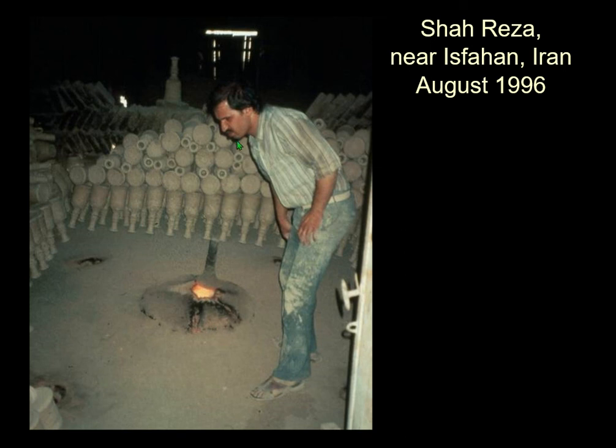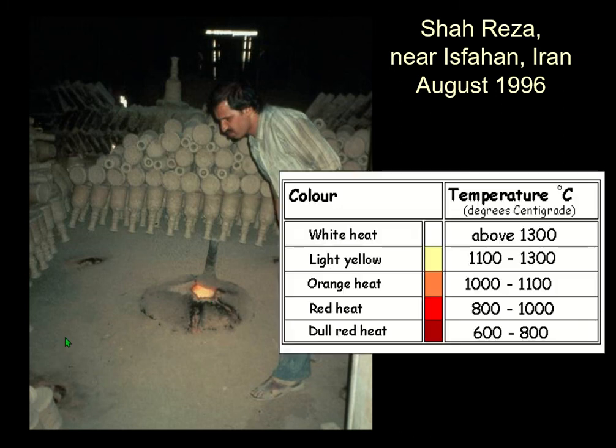So what this chap is doing, you can see, look, he's very concentrating, and you can see he's judging. He's judging how hot this is. And so you can see what sort of temperature this is by comparing it to this. So this is sort of orangey, almost yellow, but more orangey than yellow. So it's around here somewhere.